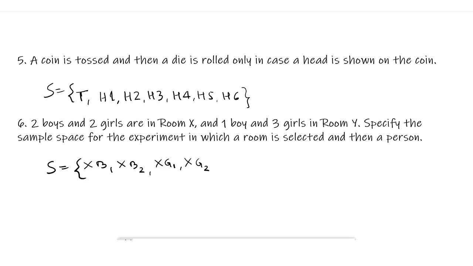Then we can go to room Y: boy 3, room Y, girl 3, room Y, girl 4, room Y, girl 5. This is the total sample space, and these are our sample points: room X, boy 1, room X, boy 2, room X, girl 1, room X, girl 2, room Y, boy 3, room Y, girl 3, room Y, girl 4, room Y, girl 5.